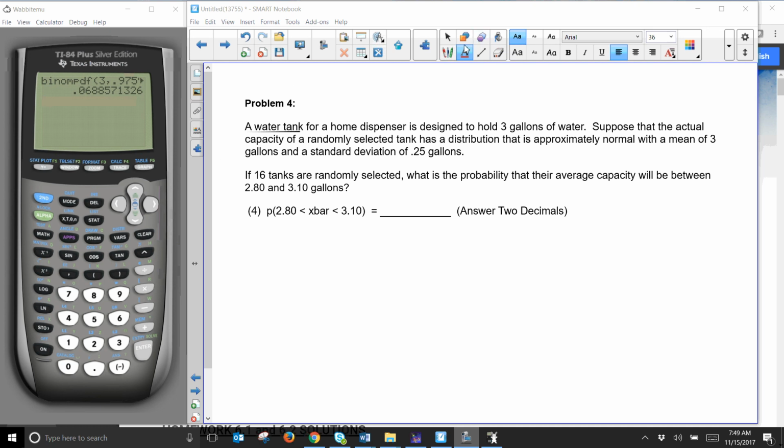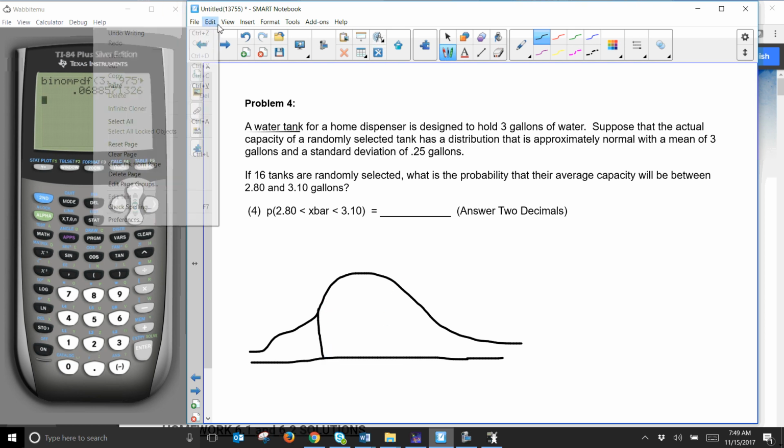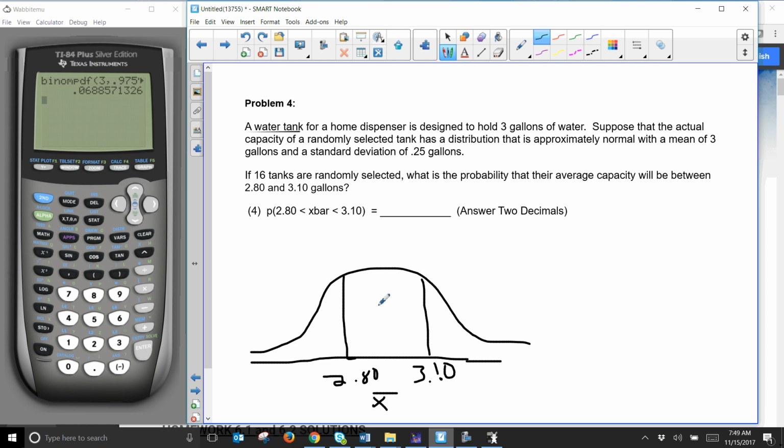So essentially we have this normal distribution, with 2.8 and 3.10. We want to know the X bar probability is somewhere in this region.